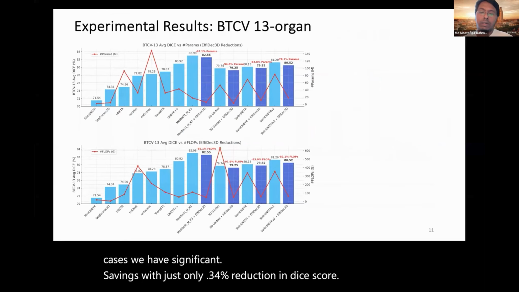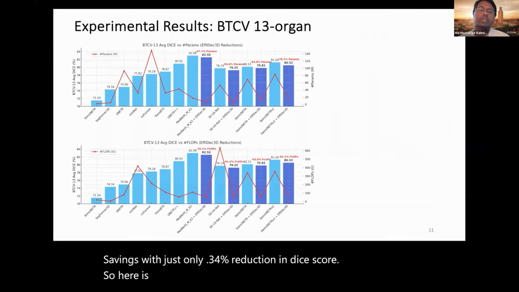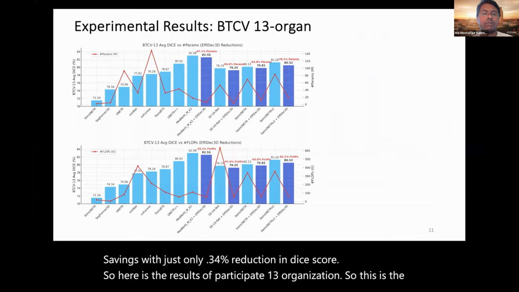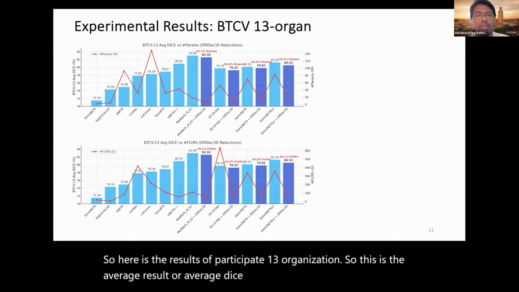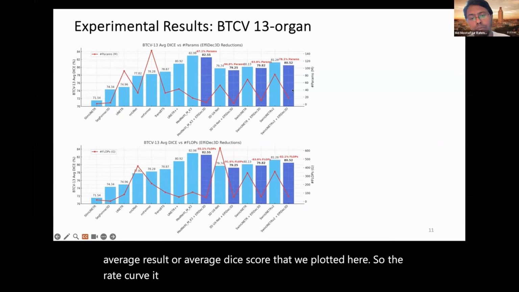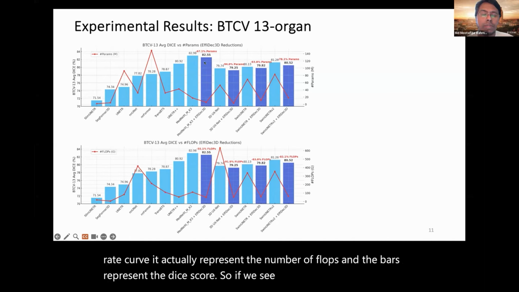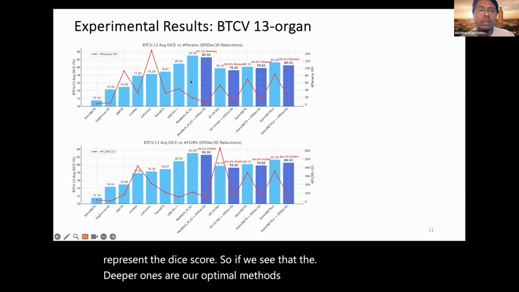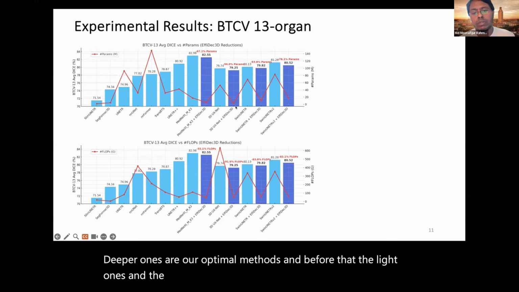So here are the results of BTCV 13 organ segmentation. This is the average dice score that we plotted here. The red curve represents the number of flops, and the bars represent the dice score. The deep blue ones are our optimized methods, and before that, the light ones are the original MedNeXt and all the original methods.